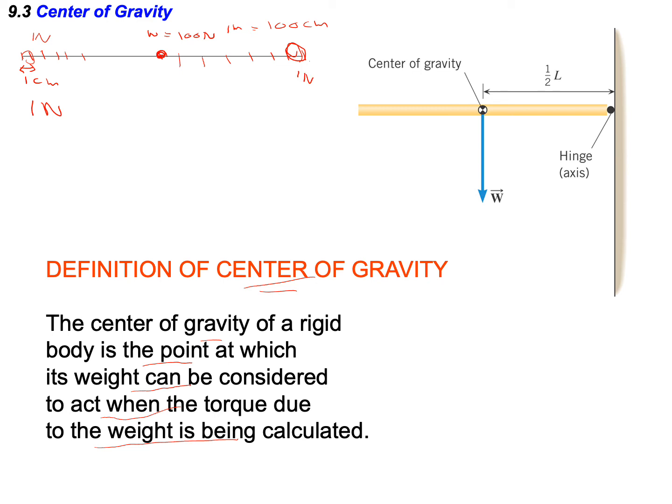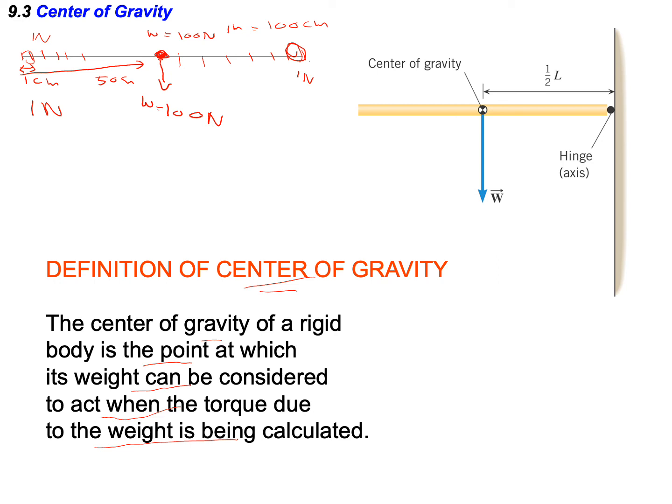So if you consider the symmetry, we can consider the total 100 newtons is concentrated at the center of this stick. Therefore, when we have a weight force, we mark it at the center, which means from one end it's just 50 centimeters. So it's easy for us to do calculations.